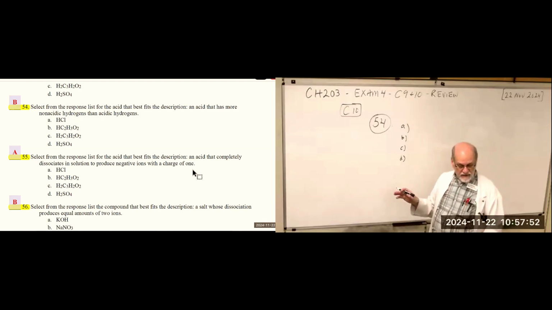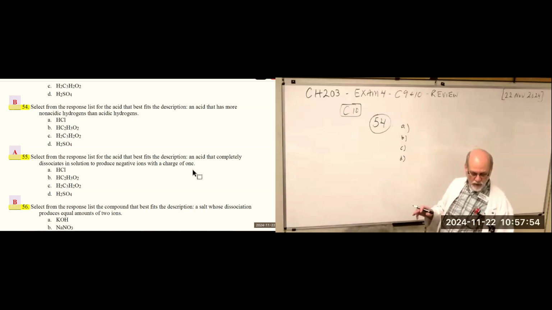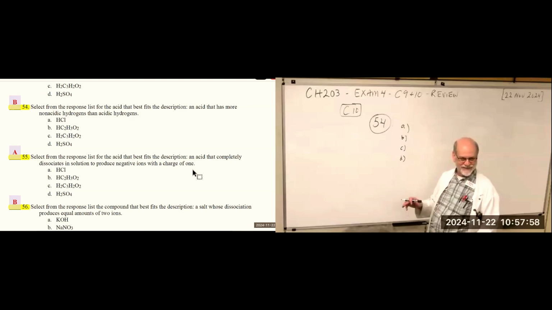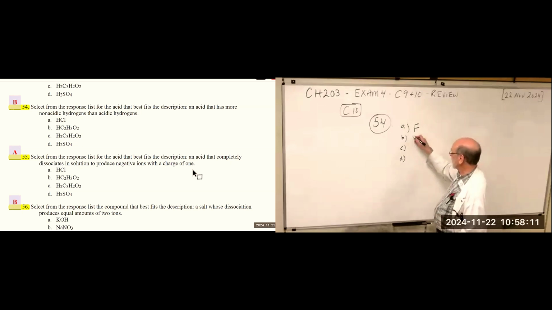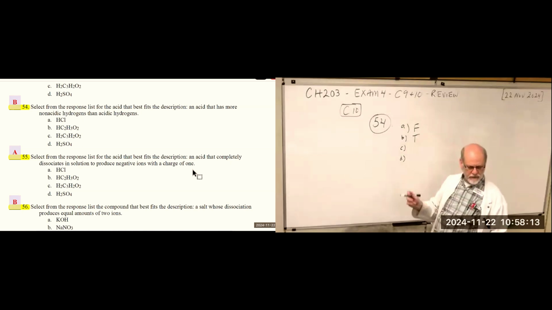So the first one, HCl, has more non-acidic than acidic? It doesn't have any non-acidics, right? So that one's false. How about HC2H3O2? Yeah, it has 3 non-acidic hydrogens and 1 acidic. Yeah, so that one's true. Oh, we found our answer.